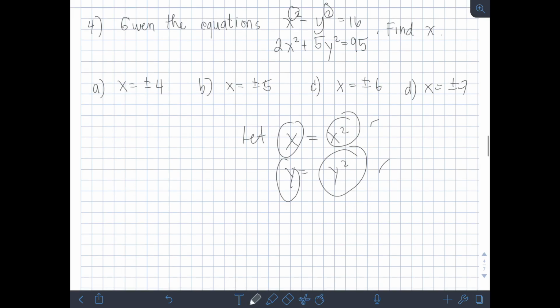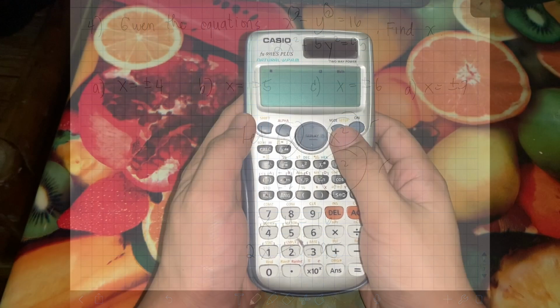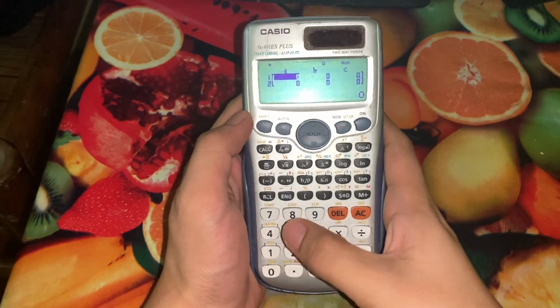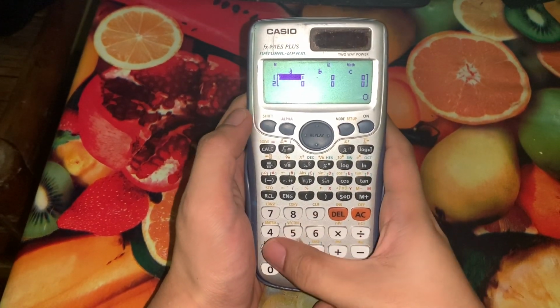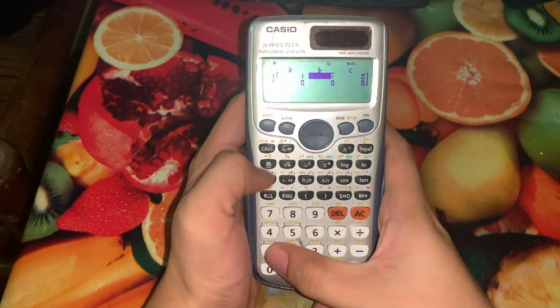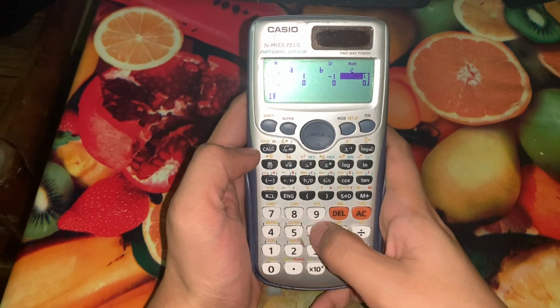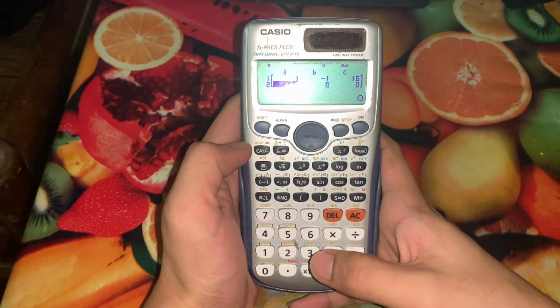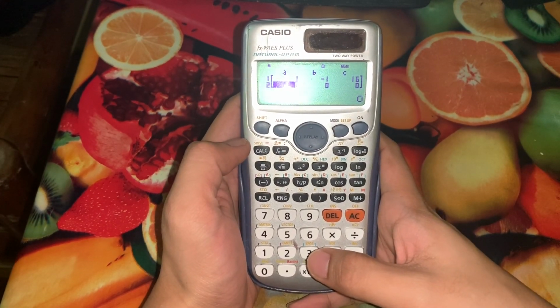Okay? So, parang magiging ano to, x minus y is equal to 16, and then 2x plus 5y is equal to 95 lang. Okay, so gamit tayong calculator para masolve to. Okay, doon ulit tayo sa mode 5.1. We have, for the first equation, x minus y equals 16, right? So, we have 1 equals negative 1 equals 16. Okay, then sa equation 2, we have 2x plus 5y equals 95, right?